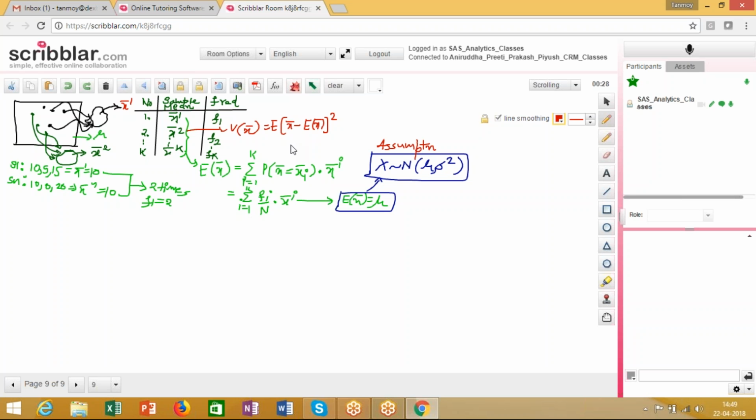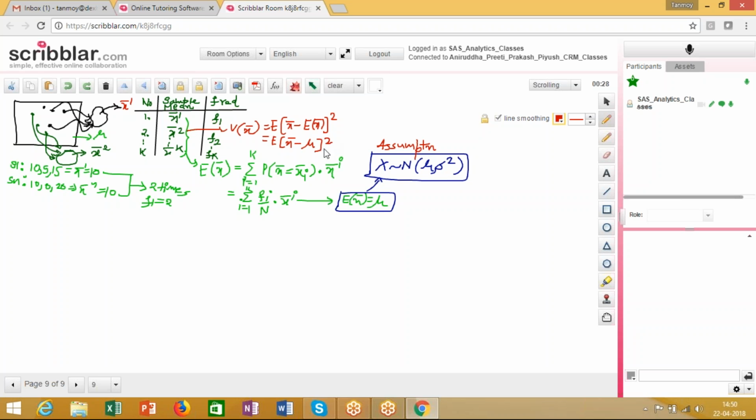So what I'm trying to compute is the variation that X bar has from its mean, which is X bar minus mu, whole square.